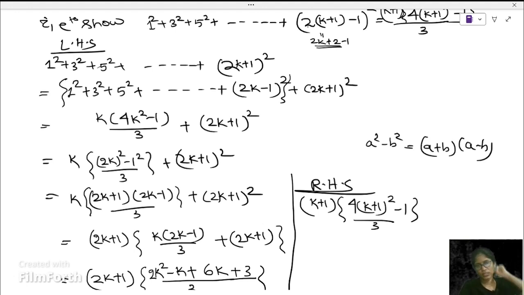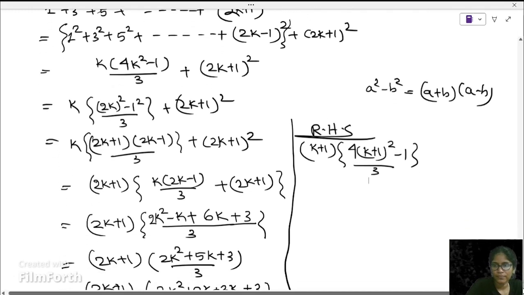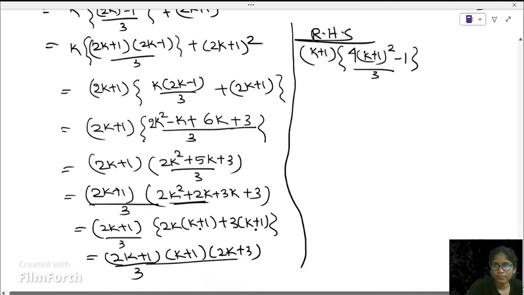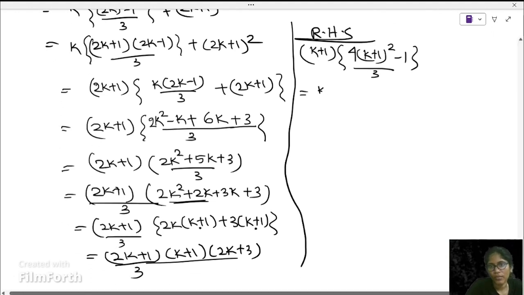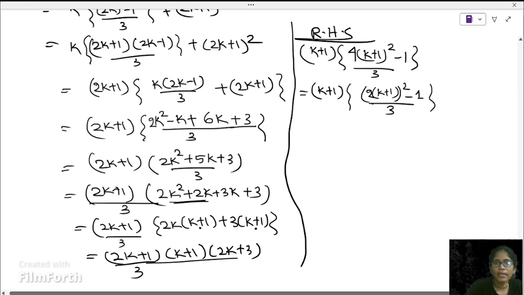This was our right hand side, which is equal to k plus 1 into, we can write 4 is equal to 2 square, k plus 1, that means we can write 2 into k plus 1 its whole square. We can write or not? Yes, we can write. Divided by 3. That means k plus 1 into 2 into k plus 1, which is equal to 2k plus 2, its whole square minus 1 square.